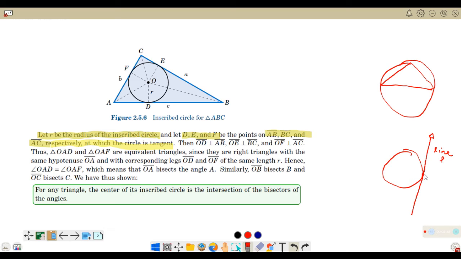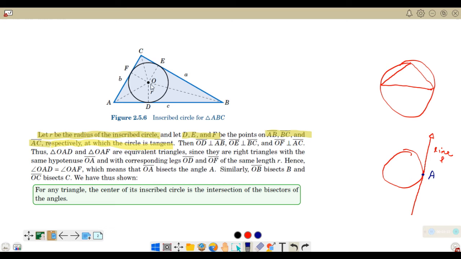Say for example, this is line L, and it intersects our circle at point A. So we say that line L is tangent to the circle at point A. So here, side A is tangent to the circle at point E, side B is tangent to the circle at point F, and side C is tangent to the circle at point D. Okay?